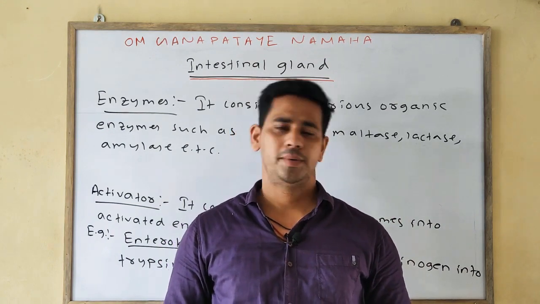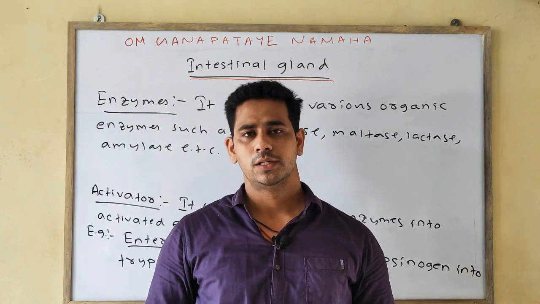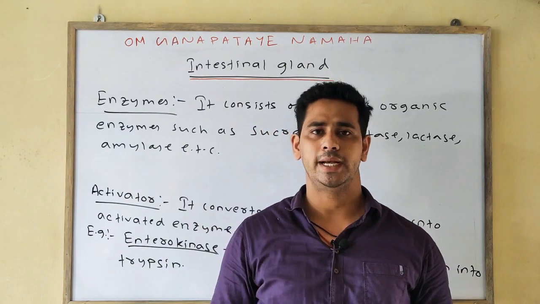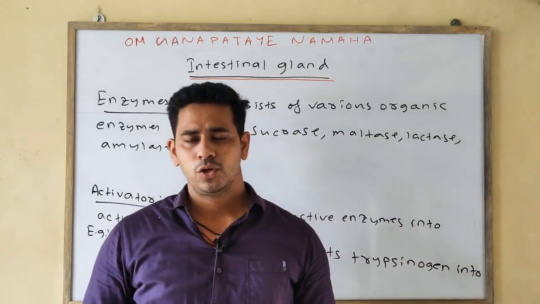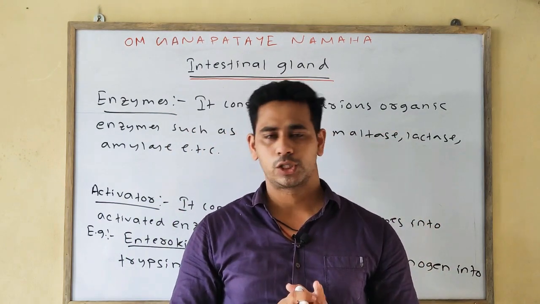We have also discussed the associated digestive glands, such as the salivary gland, gastric gland, liver, pancreas, and today the intestinal gland. So this is all about animal nutrition, which comes to an end today.